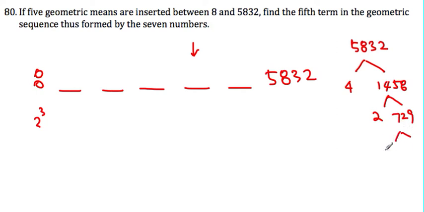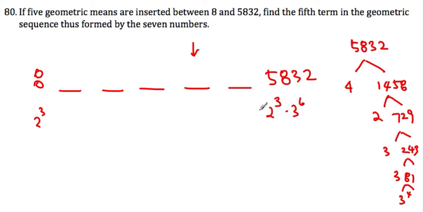And the 729 is in fact 3 to the 6th power. So in other words, this becomes 2 to the 3rd power times 3 to the 6th power.